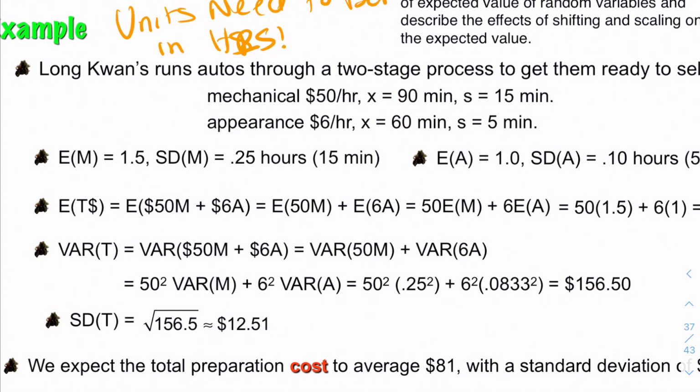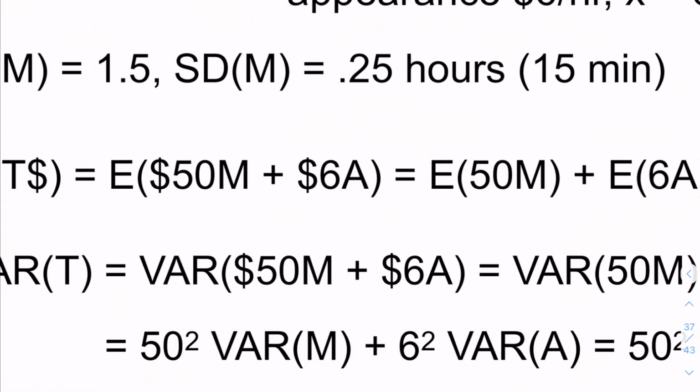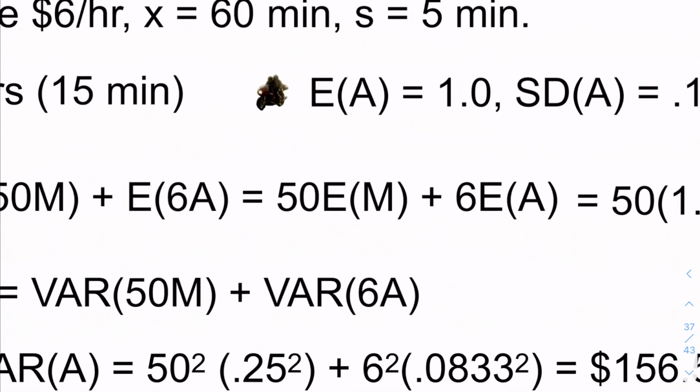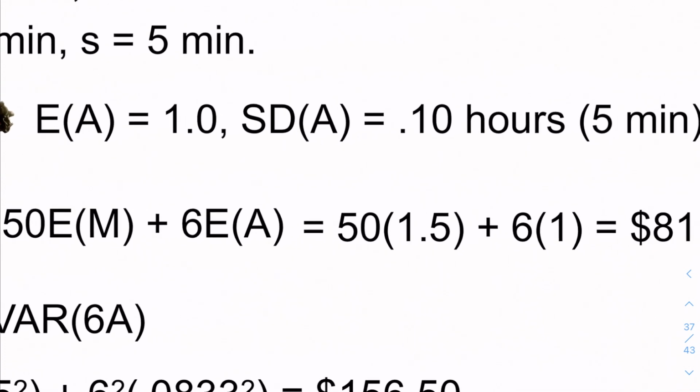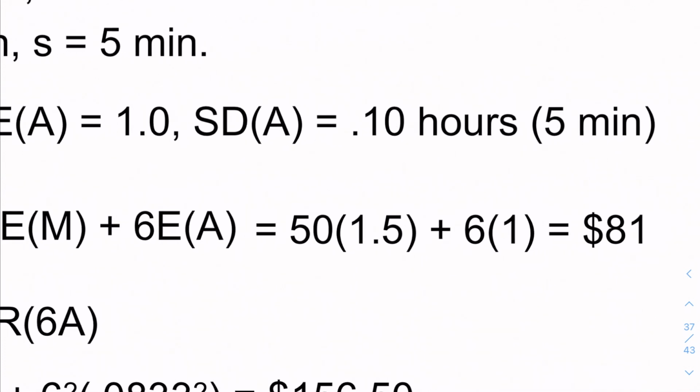So what we're going to do is 50 times M plus 6 times the appearance. Well, we know that this is just 50 times 1.5 plus 6 times 1, which gives us $81.